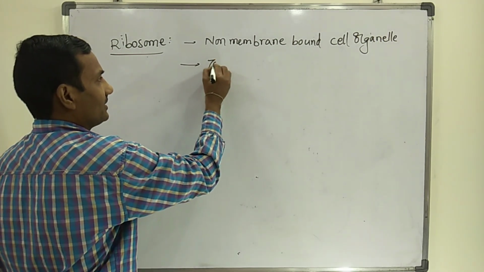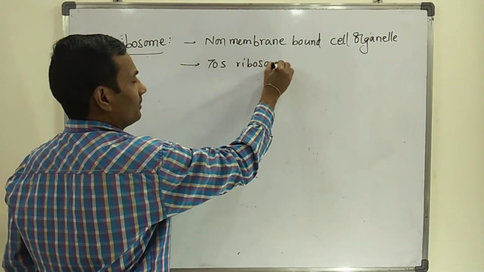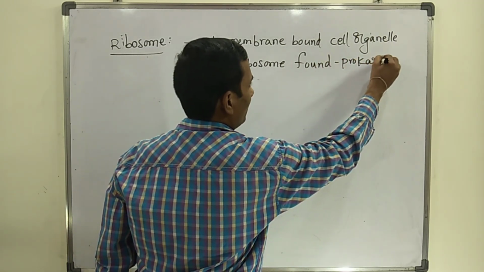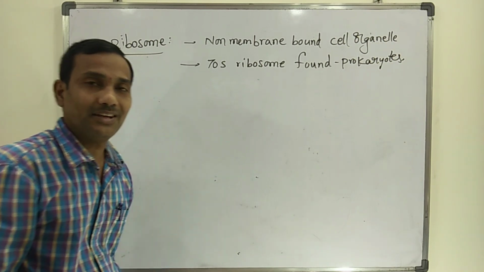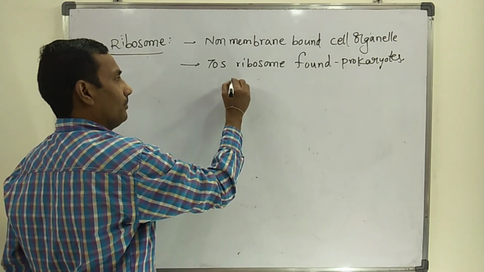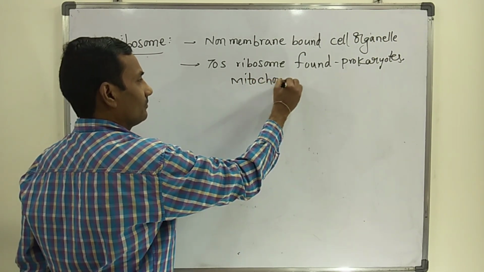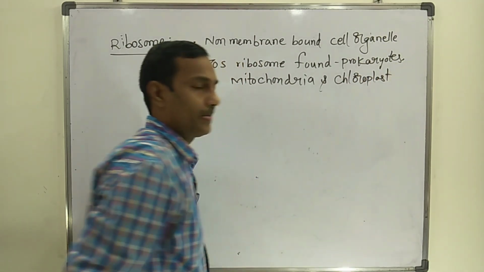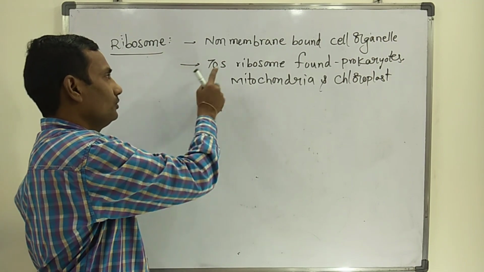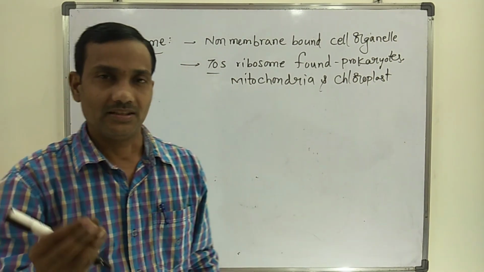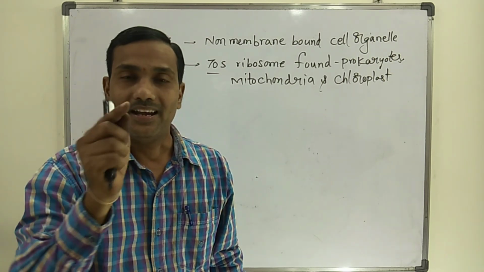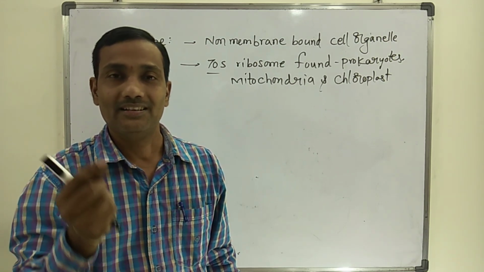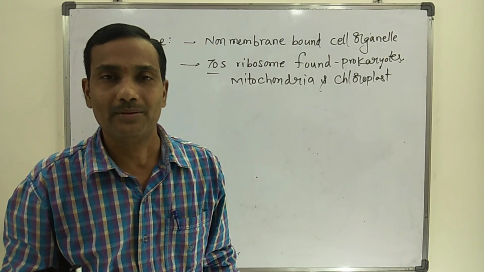70S ribosomes are found in prokaryotes. 70S ribosomes are also found in mitochondria, and also in chloroplast, that is a plastid, a green colored plastid. The 70S ribosomes are found in prokaryotic cells and also in mitochondria, which is a double membrane bound cell organelle, and in chloroplast, which is also a double membrane bound cell organelle.